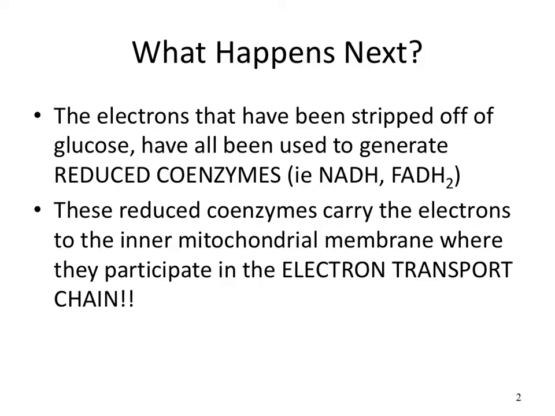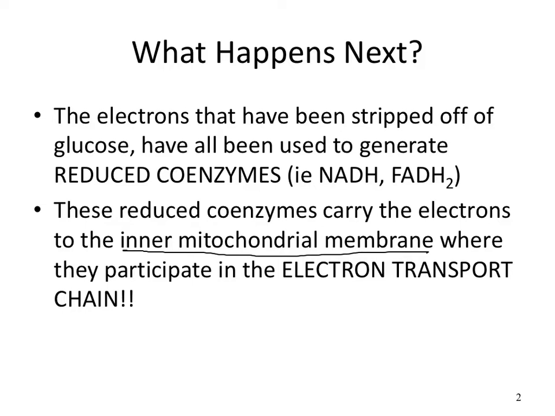So the reduced coenzymes are not attached to a membrane or otherwise attached; they're soluble. So they're able to diffuse to the location of the electron transport chain, which is found in the inner mitochondrial membrane. And once they do that, they participate in the activities of the electron transport chain, which you shouldn't be surprised to hear are a series of subsequent redox reactions.